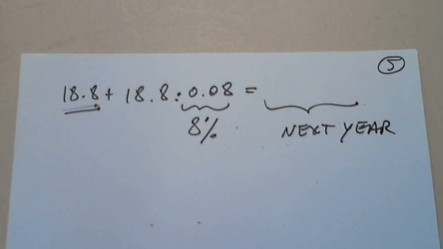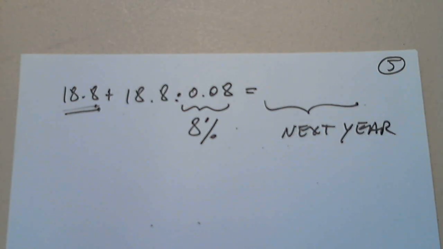The number of trips for next year: in order to obtain that, we have 18.8 multiplied by 1 plus 0.08, which is 1.08. And this is what we expect next year, assuming the increase is still at 8%.